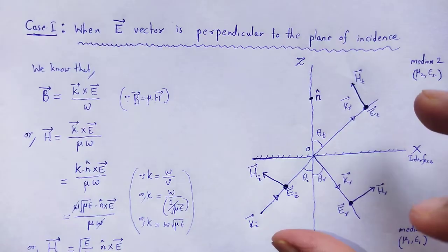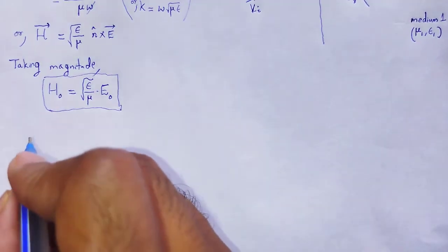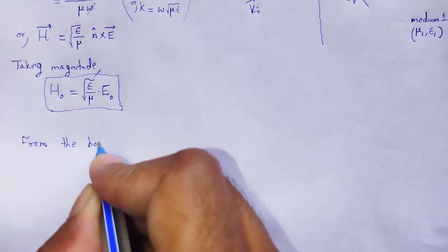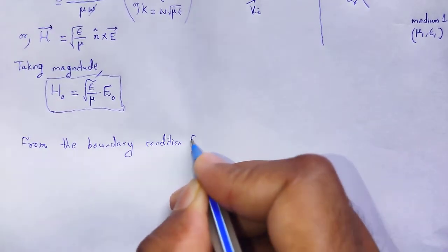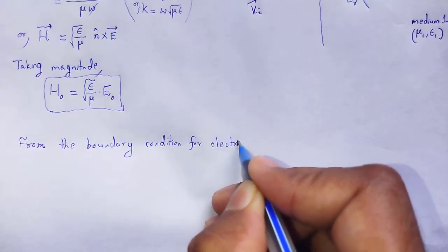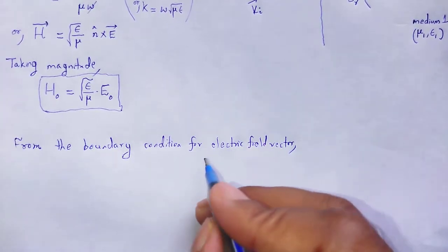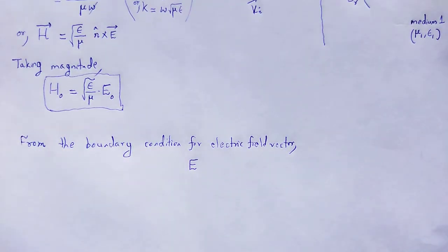Now, using the boundary condition for the electric field vector, the tangential component of the electric field is continuous throughout the media separated by an interface.